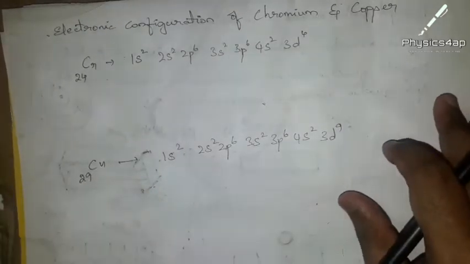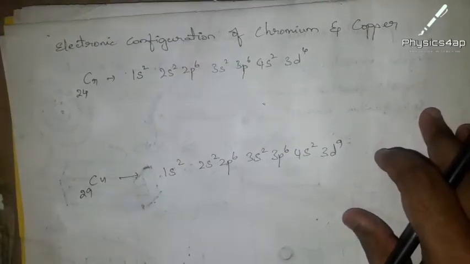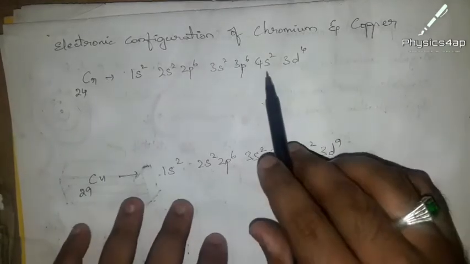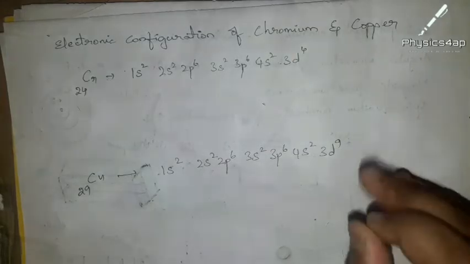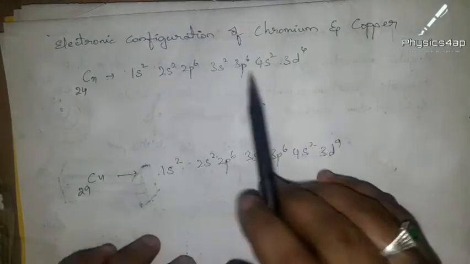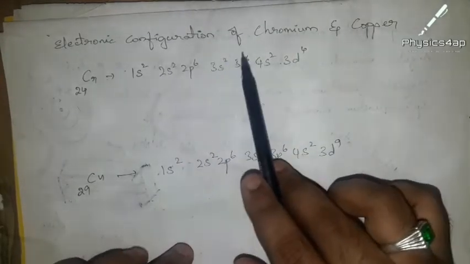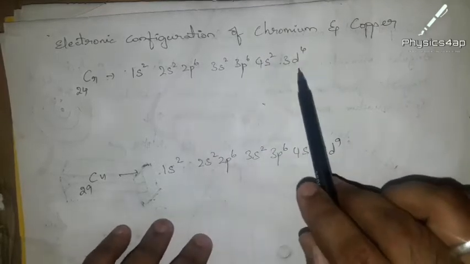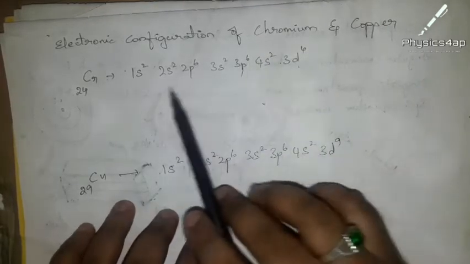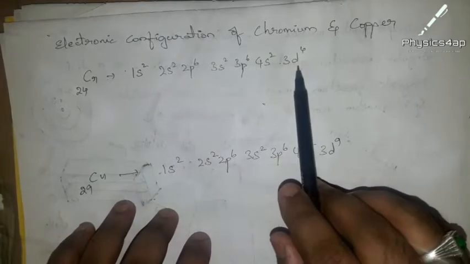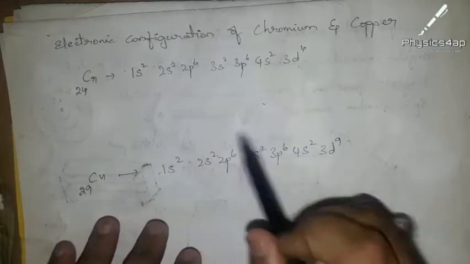But here we have a violation: the electronic configurations for chromium and copper both are wrong. As we arrange electrons in the specified manner, this would be the expected way, but according to some violation rules, this is not correct for chromium.